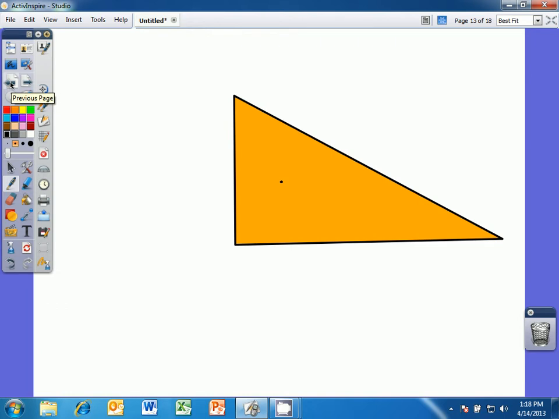of that right triangle. So we have a right triangle here. We'll call it triangle ABC.